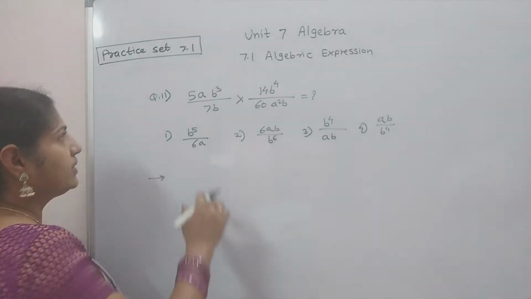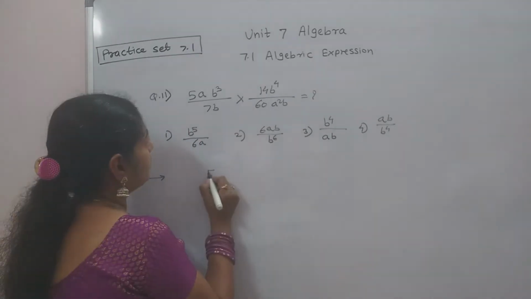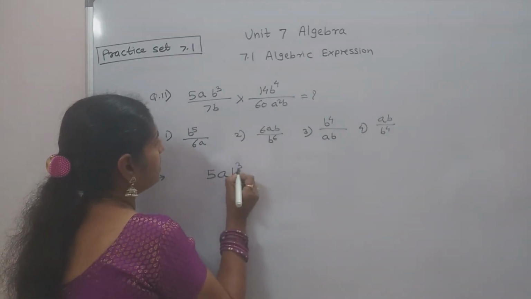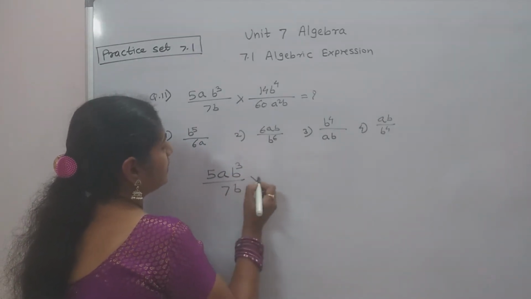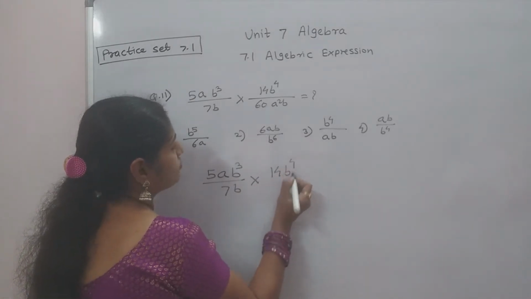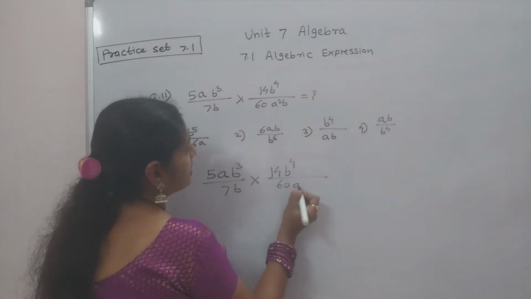Now the next example: multiplication of these two terms, 5ab cube upon 7b into 14b raised to 4 upon 60a square b.